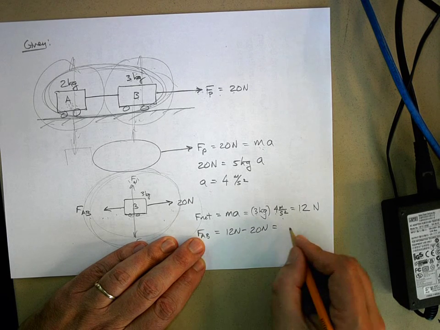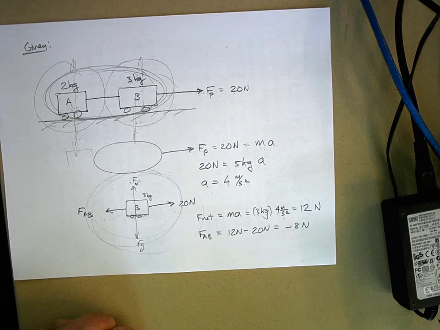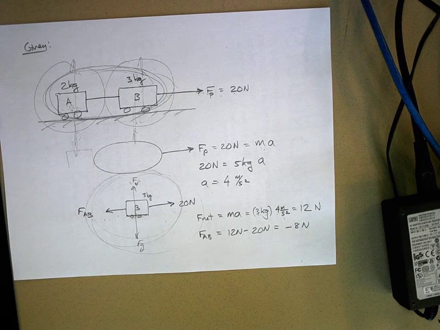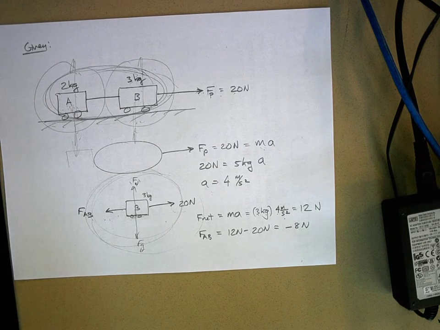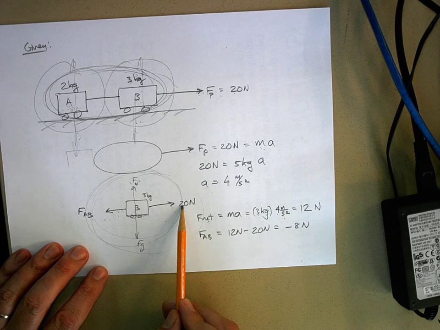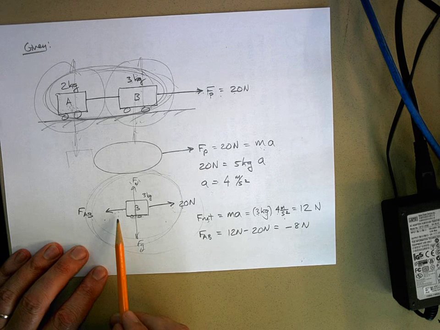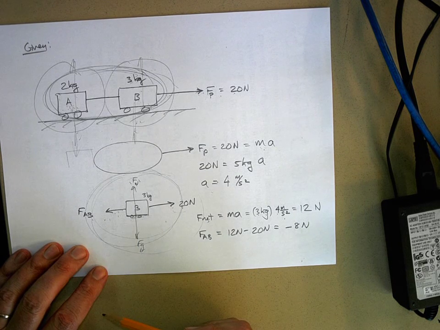What does the negative mean? It's pulling to the left, pulling backwards. The net force is what you get when you add these together. 20 plus this equals 12, so this has to be negative 8. 8 newtons to the left.